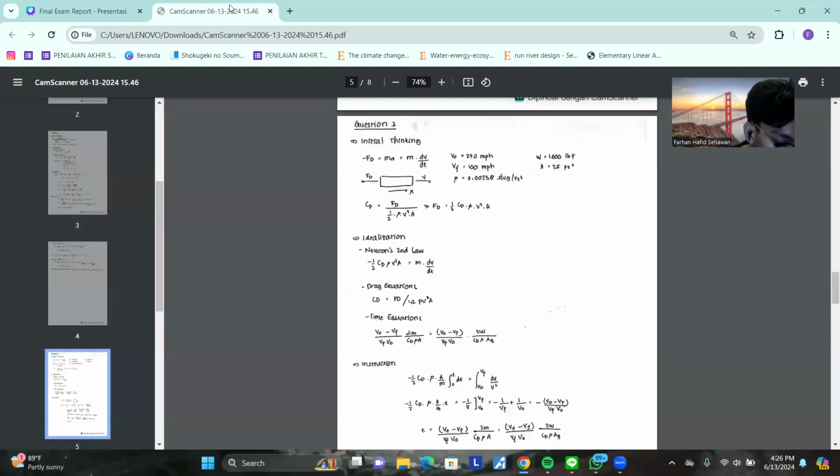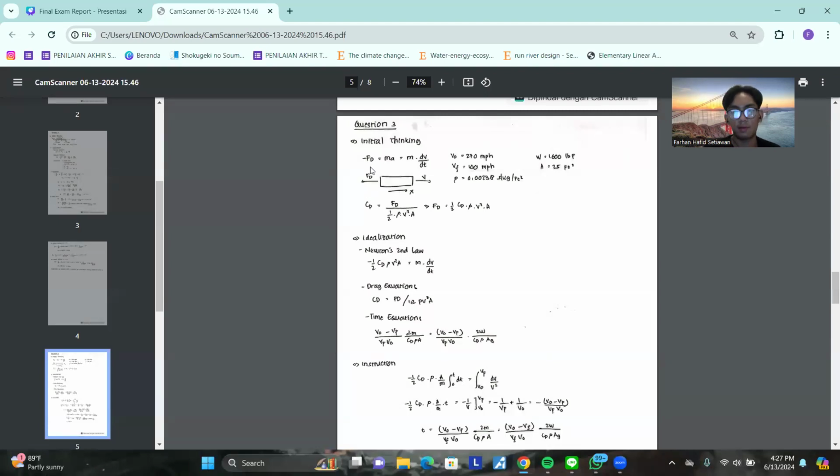Okay, based on this question, we got the initial thinking, which we got some FBD, and we solve some FBD. We assume the direction of force to the right is positive, and to the left is negative.